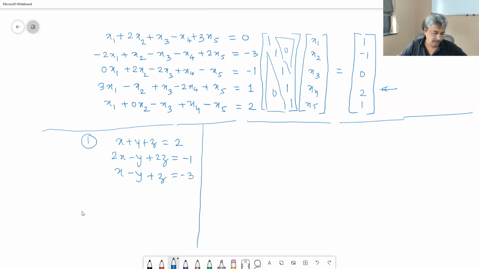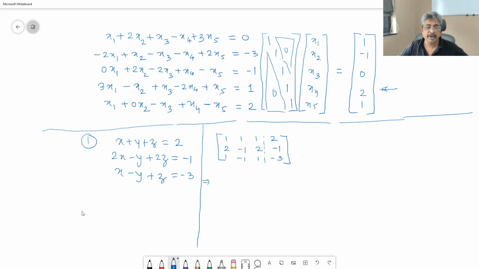So if this is a system of simultaneous equations, the matrix equation is 1 1 1 2, 2 minus 1 2 minus 1, 1 minus 1 1 minus 3, the augmented matrix.